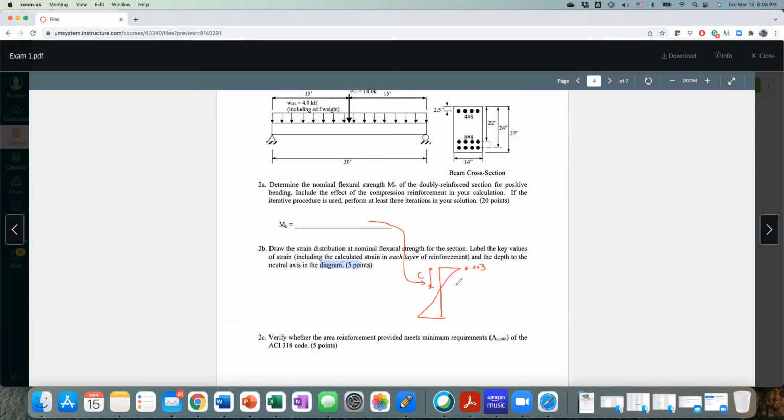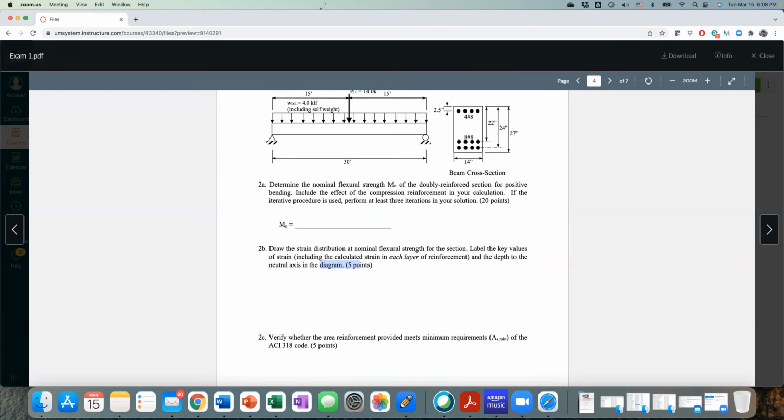Once you find c, you should know this angle right here by the triangle, and you can find the strain at different levels. Don't forget, not only do you have the tensile strains, epsilon layer 1 and epsilon layer 2, but you also have a compressive strain, epsilon s prime, right here. So remember you have 3 strain levels for reinforcement. That is for 2B.